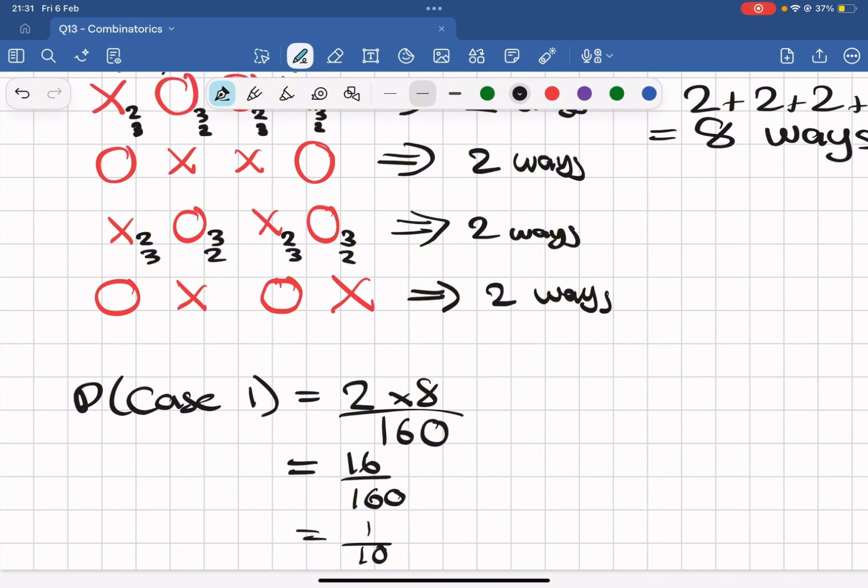Cool. Hold up, I've made a mistake. It's not over 160, it's over 120. 6 minus 1 factorial ways. 16 over 120, which simplifies to, well, what can we divide by? Can we divide by 16? I don't think so. Let's divide by 8. 16 divided by 8 is 2. 120 divided by 8 is 15.